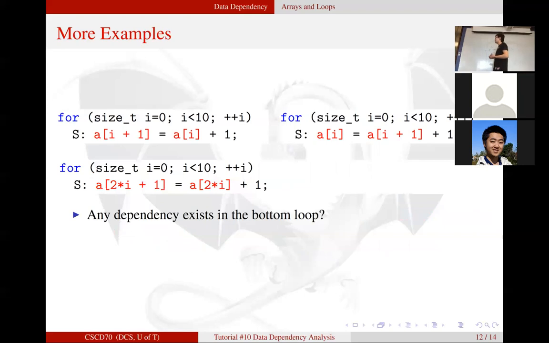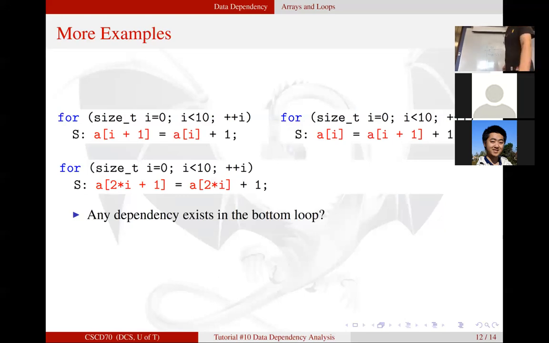Okay, now that we have discussed two examples on the data dependencies, let's consider the third example, where at each iteration, we are reading from the value 2i and writing to the value 2i plus 1. Is there any data dependency in this bottom loop?